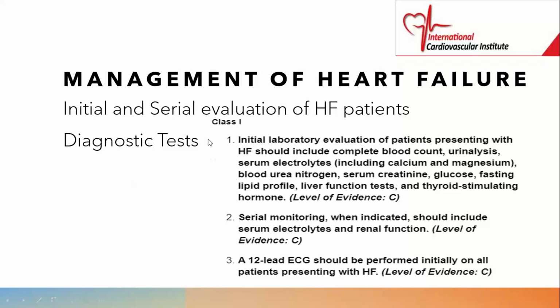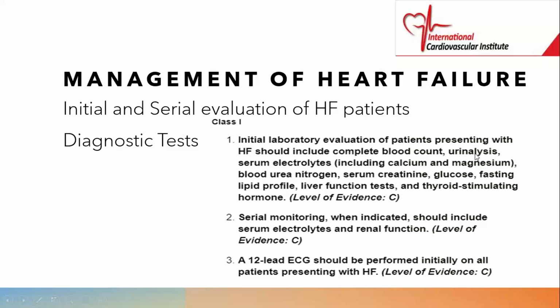Okay, so class 1 indication for initial and serial evaluation. When the patient comes to you with shortness of breath and you do your history and physical examination and you determine that this may be heart failure, then you want to do some blood tests. You do your complete blood count, CBC.